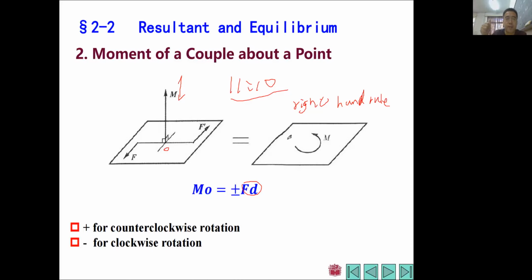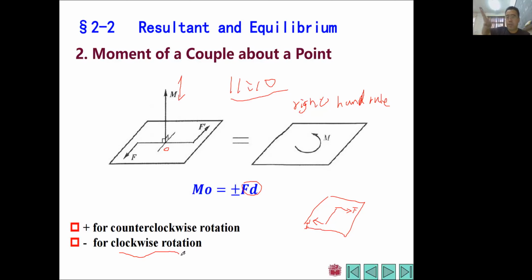So next, maybe I draw another one for you guys. If this is F and this is F prime, and you look down at this plane, you will find this couple is along clockwise direction, right? We also can use the right hand rule again.